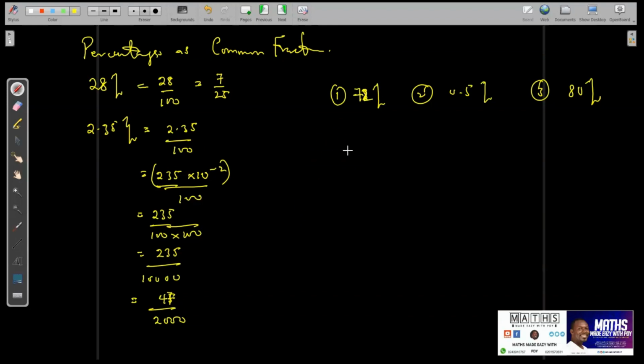72%. What is your fraction? 18/25. Any different answer apart from 18 on 25? Okay, 0.5%, what's the answer? 1/200.